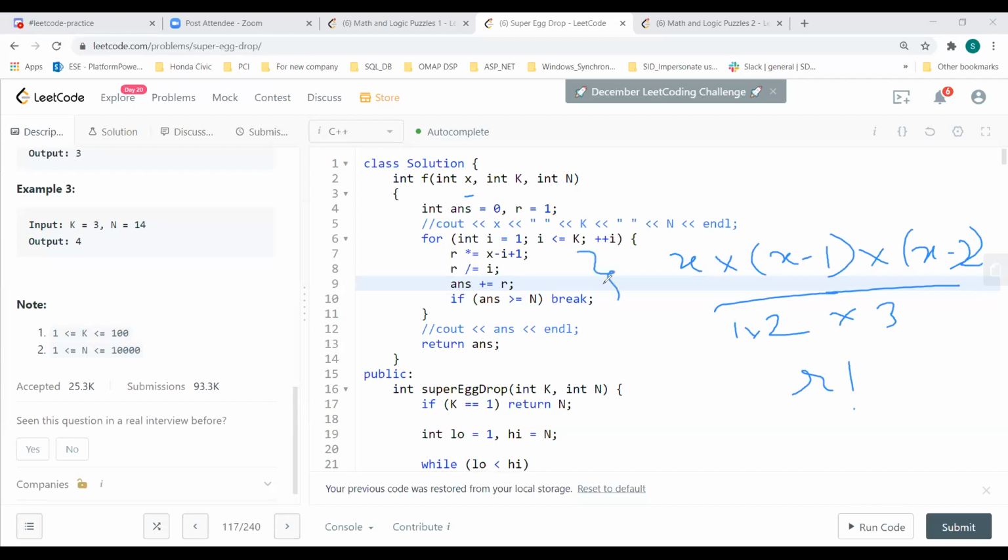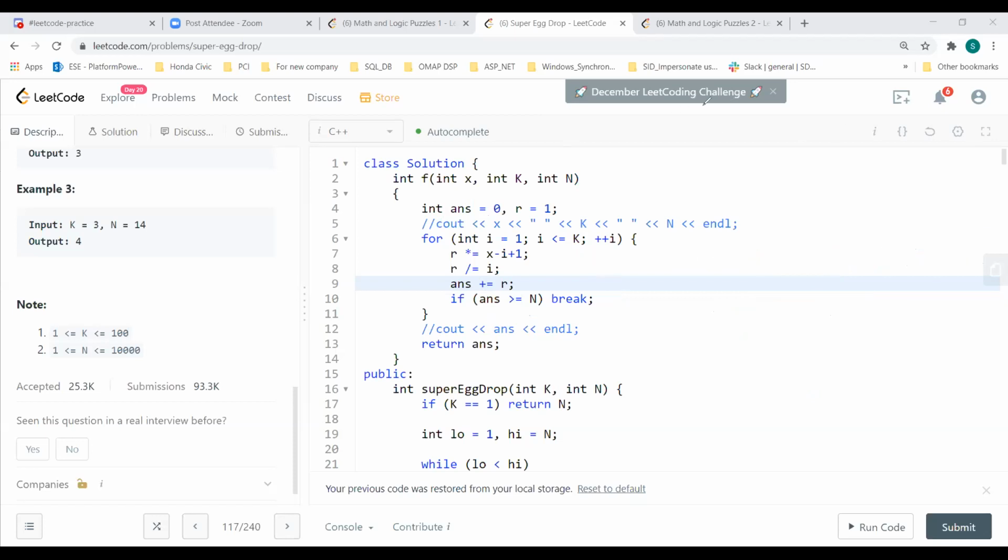Whenever we exceed the number of floors, you break. So whenever you pass any mid value in here, you can quickly get the maximum floors you can reach based on the tries. Based on that, you can adjust your binary search very quickly.